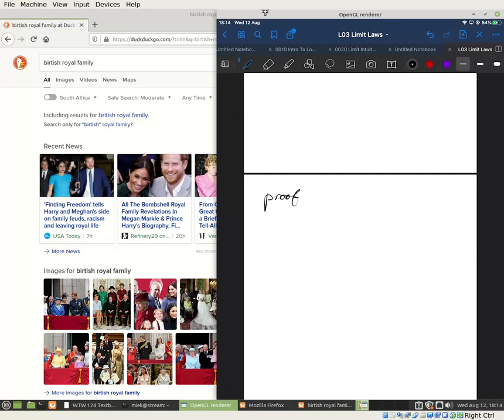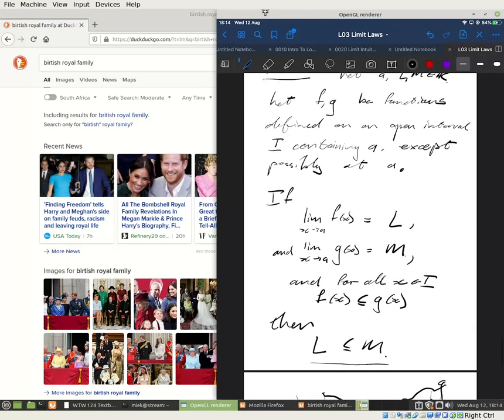We want to assume that the limit of f is L, limit of g is M, and that for all x in I, f of x is less than or equal to g of x. Under these assumptions, we then want to show that L is less than or equal to M. Okay, let us prove that.